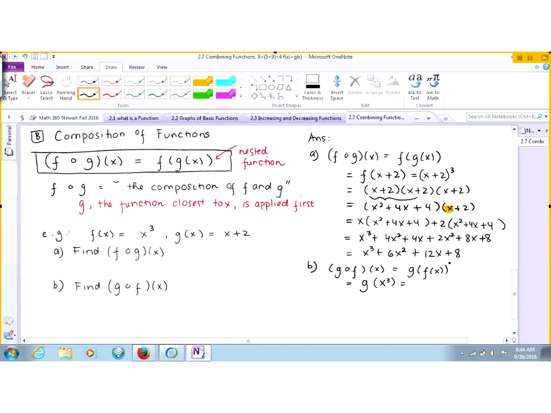All right. So what is your conclusion? Are they the same? No. So in general, f circle g is not equal to g circle f. That's in general.